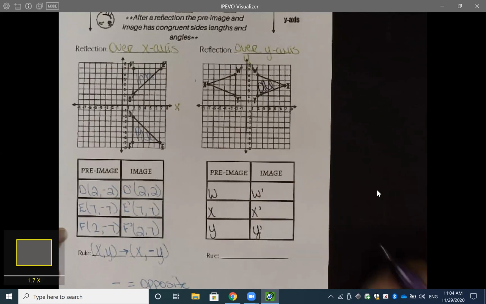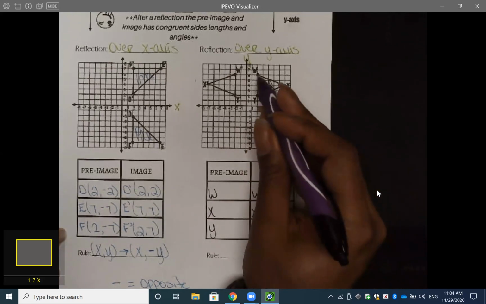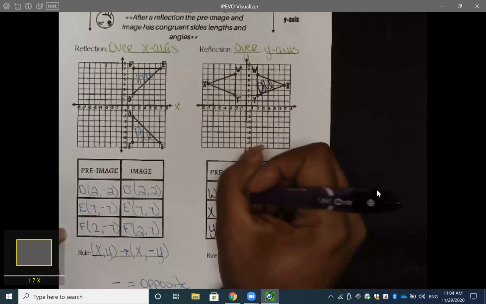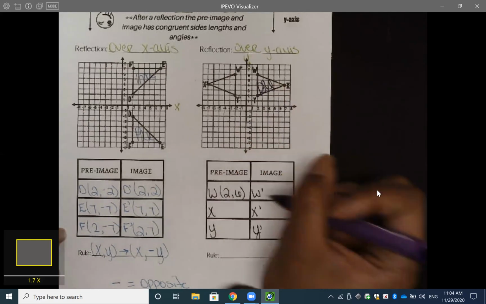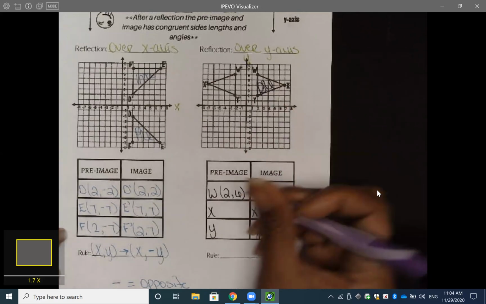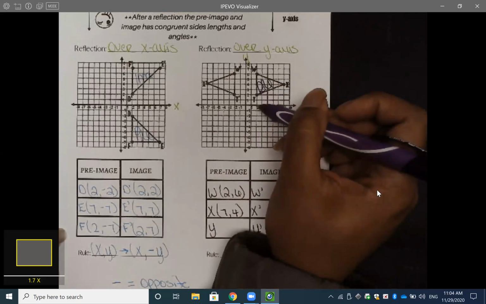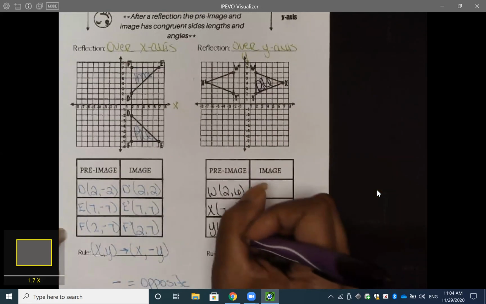Okay. So for my W, I went over to 2 and up to 6. My X, I went over to 7 and up to 4. And my Y, I went over to 2 and up to 2.